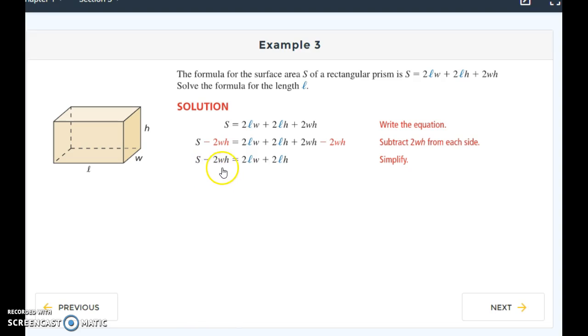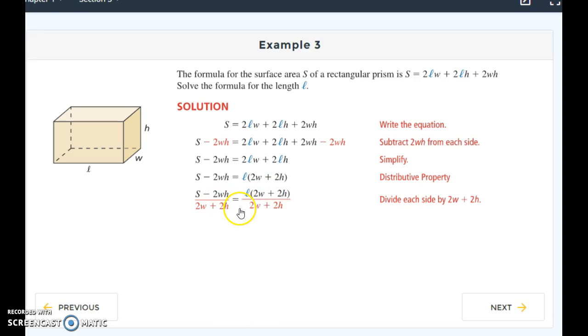Now I have S minus 2WH equals 2LW plus 2LH. Just like our last example, I have an L in both of my terms, so I can use the distributive property to get that L separated a little bit. Again, I'm multiplying, so I undo that. I divide by 2W plus 2H, and then I can simplify again.